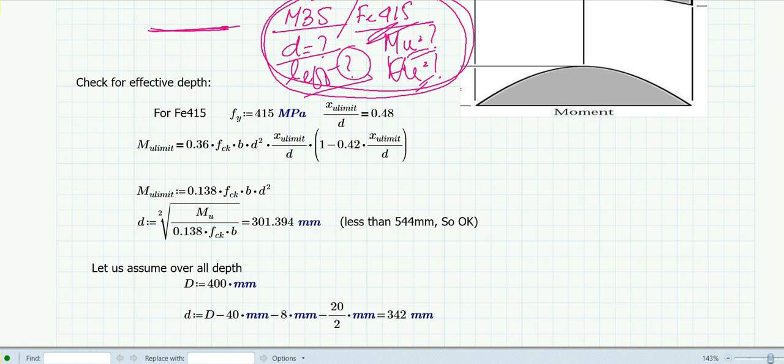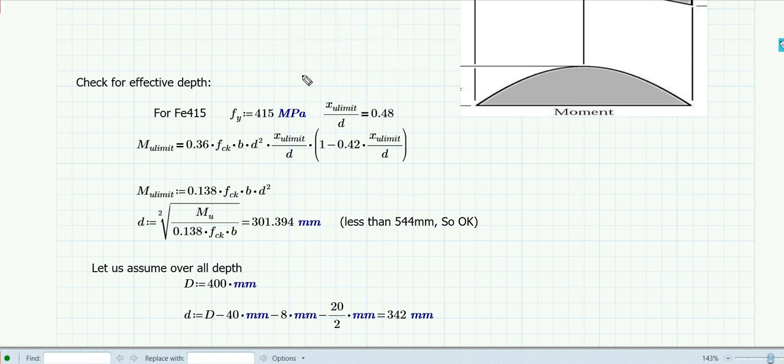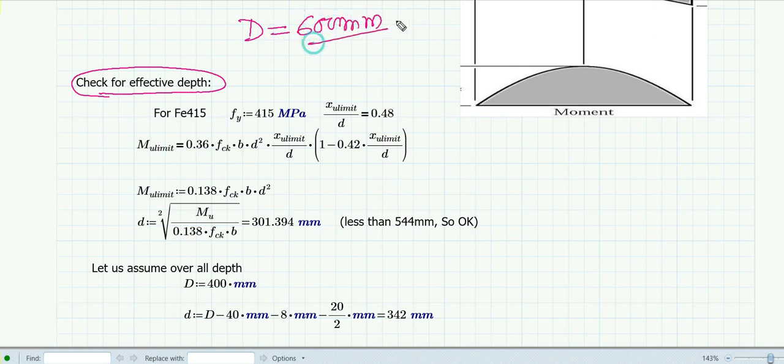So now the main design things will come. The first thing is just to check for effective depth. If you remember, we have assumed D as 600 mm from an empirical equation, which is span by 10.